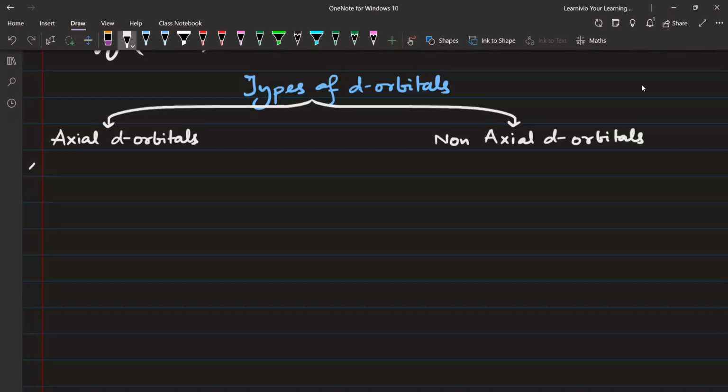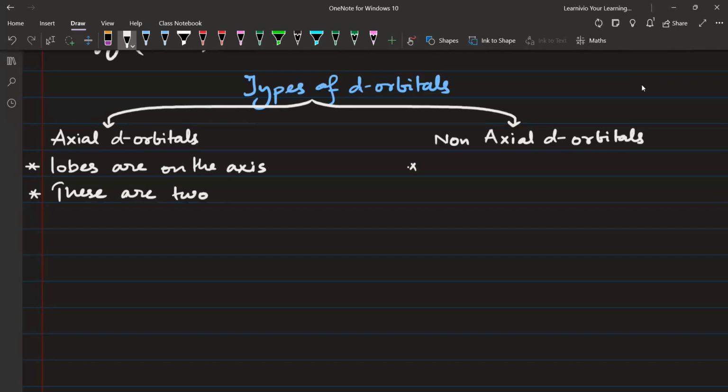In the axial d orbital, the lobes or the electron density lobes are on the axis. These are two in number. And in the non-axial ones, the lobes are between the axes.